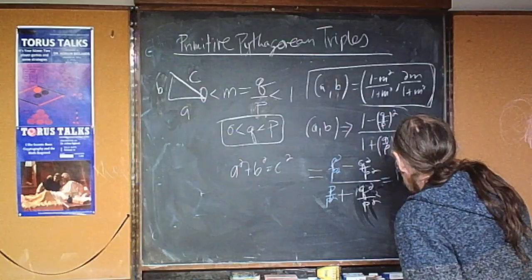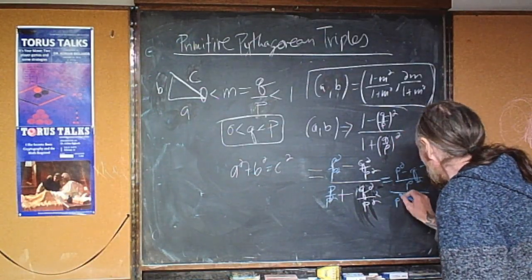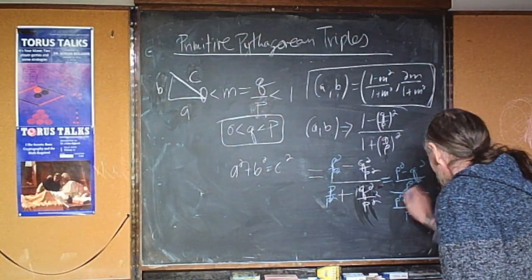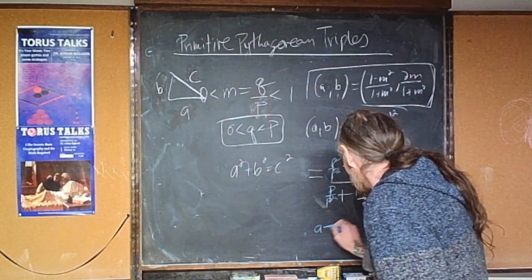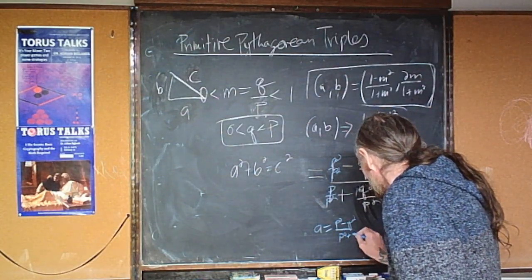Let's speed this up. p squared minus q squared over p squared, over the fraction p squared plus q squared over p squared. This cancels, so this gives me a is (p squared minus q squared) over (p squared plus q squared).